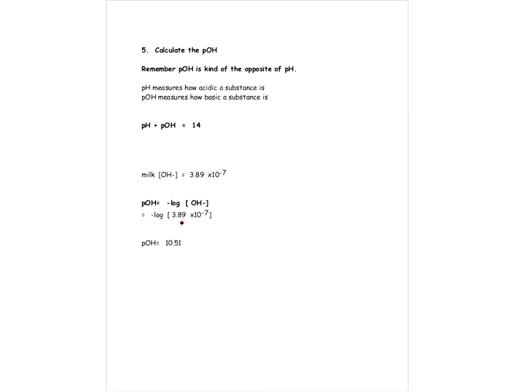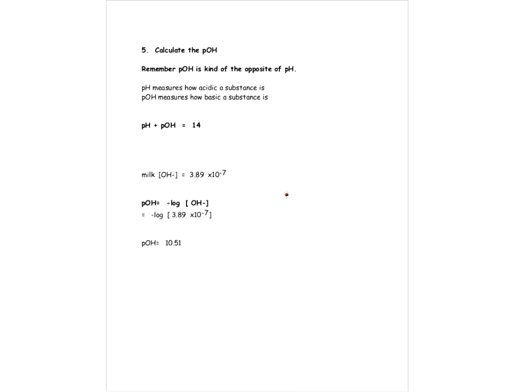So we plug this number in, use our calculator, take minus the log of this number, and we get 10.51. I think you can see this is pretty similar to the other one. You're just using a different formula, one for pOH instead of pH. And we knew to use it for pOH because we were given the concentration of OH, right?